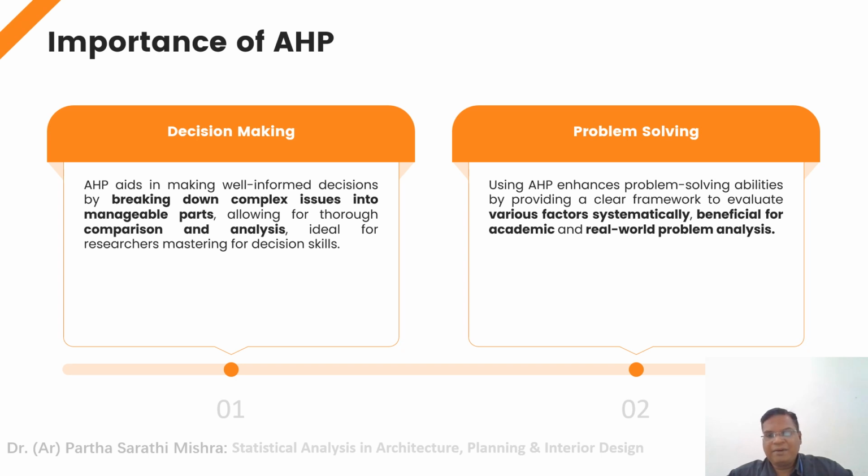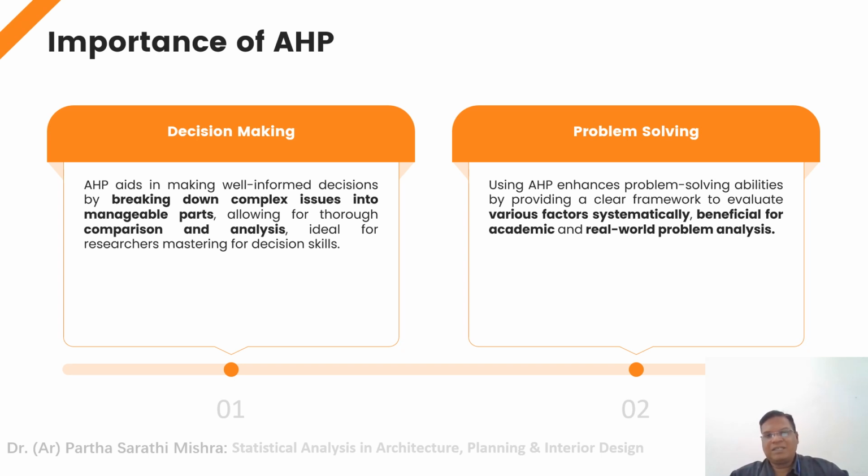Whenever we have to face problems in taking decisions, the AHP process generally helps us. This process breaks down a complex problem into smaller, doable problems. Along with that, it has a problem solving nature, and this is one of the importance of the analytical hierarchy process.